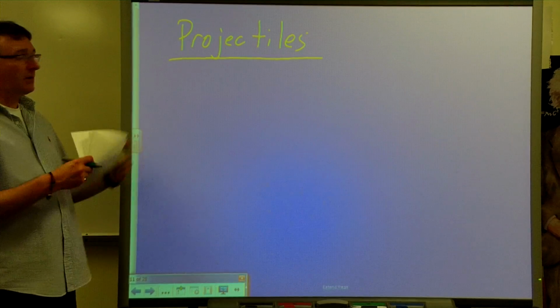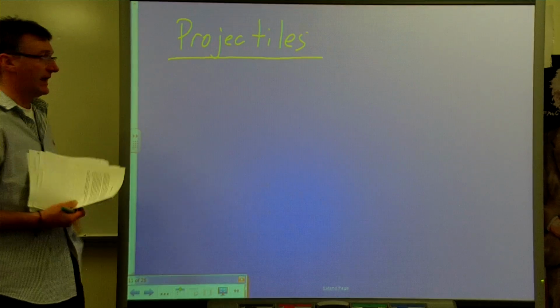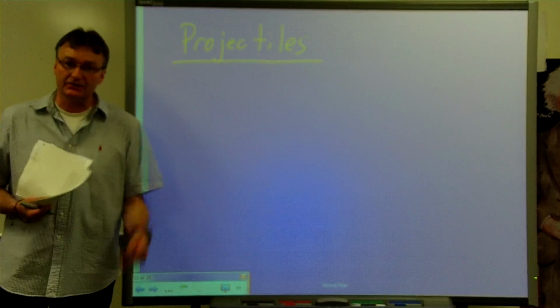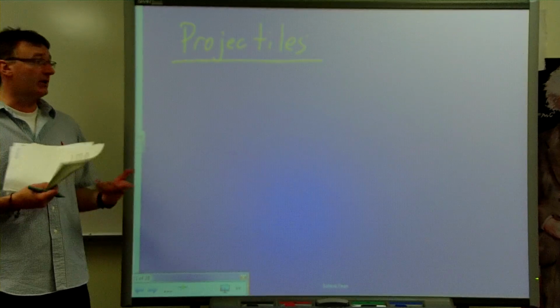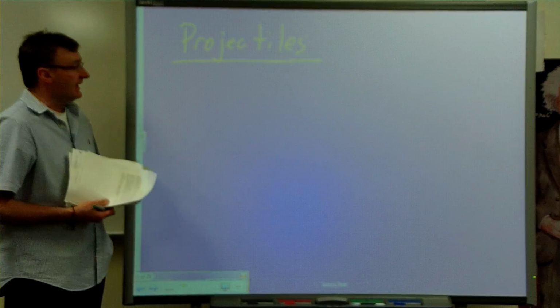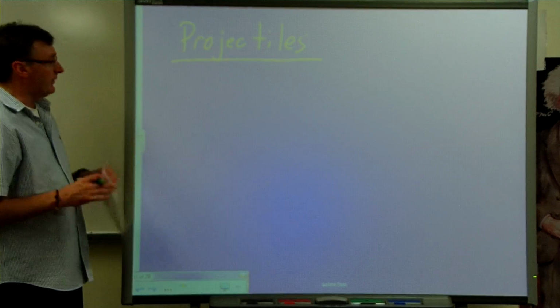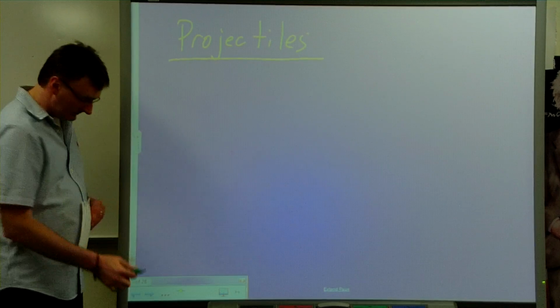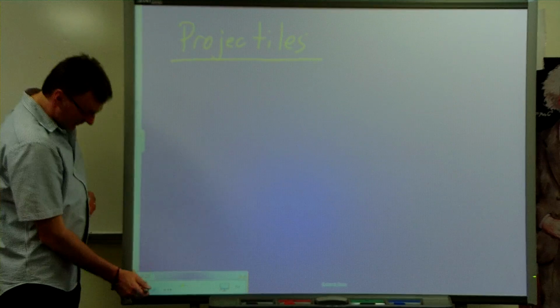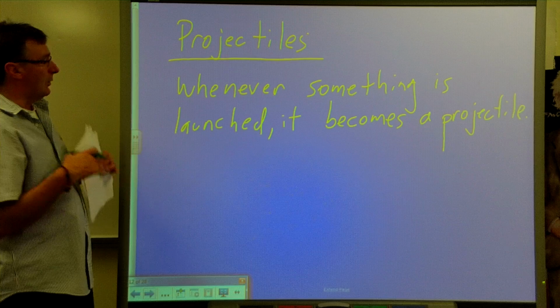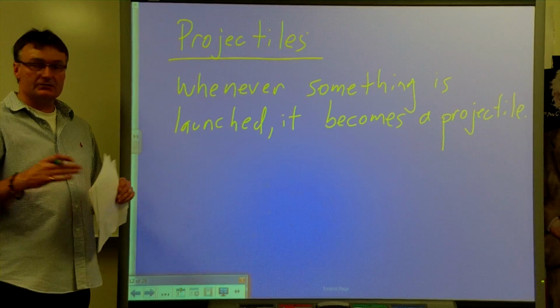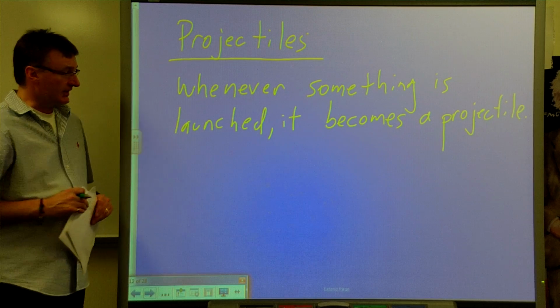So where we're heading with this is projectiles, and we will be leading into the topic of projectiles, which is quite comprehensive. But for now, we just want to focus on the free fall. If you think about a projectile, whenever something is launched, it becomes what we call a projectile.